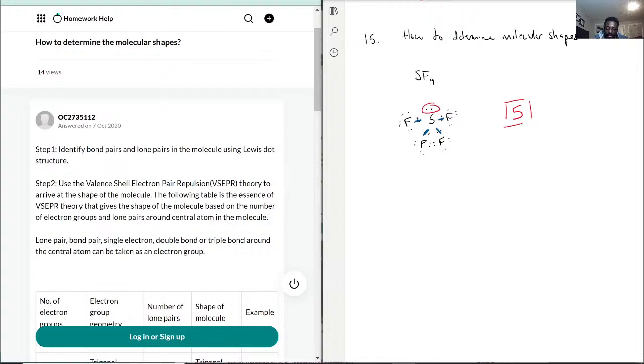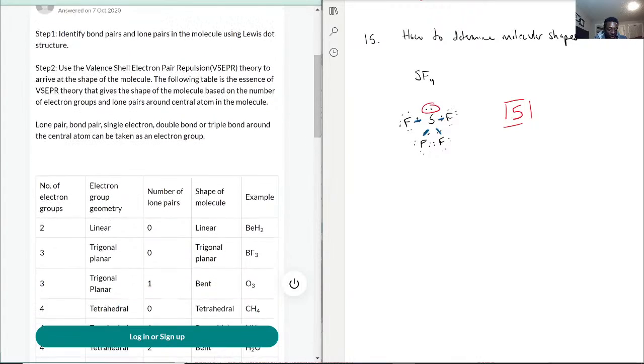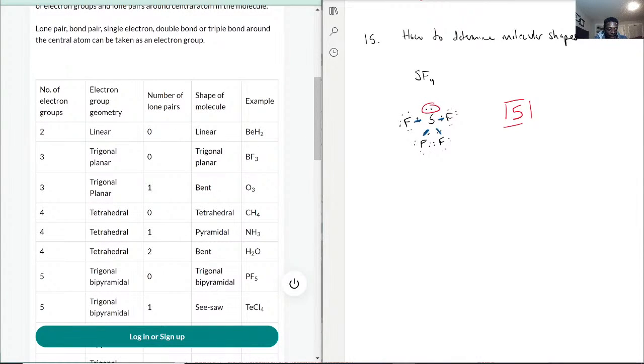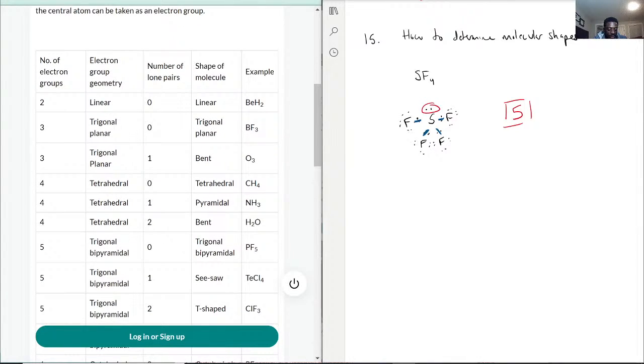Now we can refer back to our handy table that this person was able to leave here. And how many lone pairs does it have? Trigonal bipyramidal. That's the term here because it has 5 electron groups, but it has 1 lone pair, meaning that it will be a seesaw.